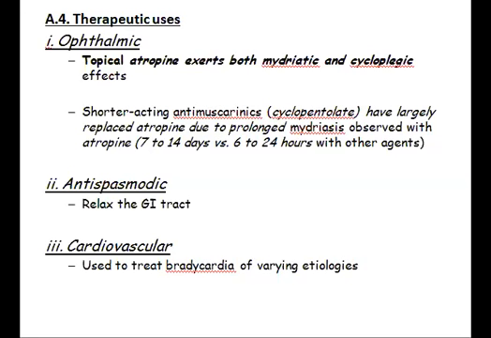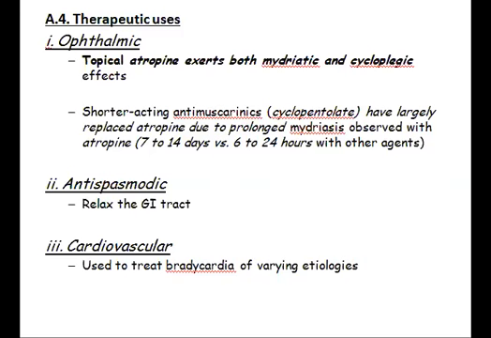Note that atropine has a prolonged mydriasis effect, between 7 to 14 days, compared to 6 to 24 hours when using another agent other than atropine, such as cyclopentolate, which is a shorter acting antimuscarinic agent.